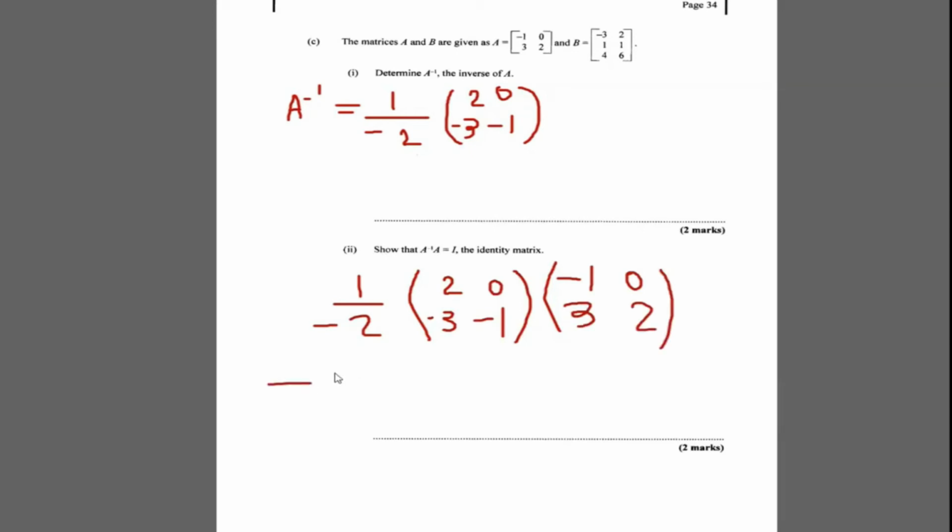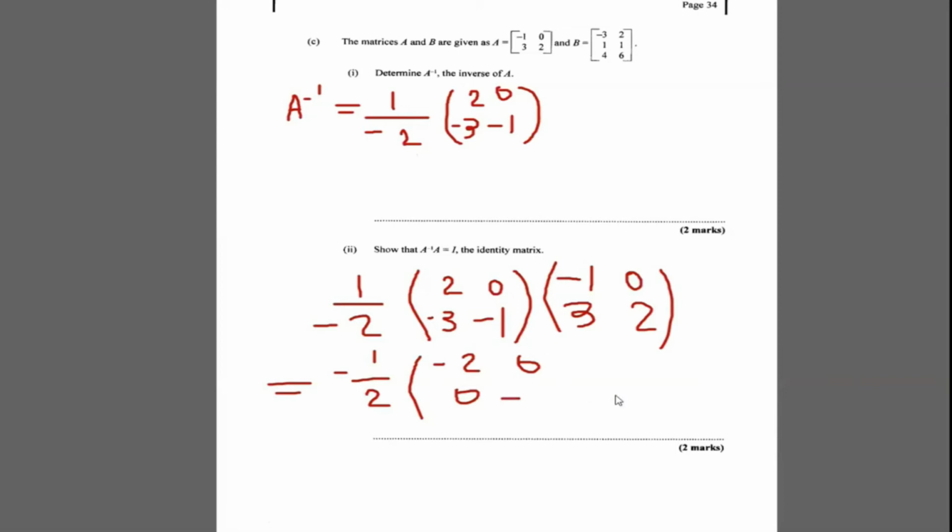And what we're getting is negative 1 over 2 times, row by column gives negative 2 plus 0 is negative 2. Then row by column gives 0. Row by column gives positive 3 minus 3, which is 0. Then row by column gives 0 minus 2.